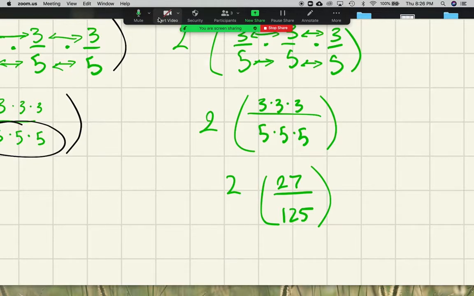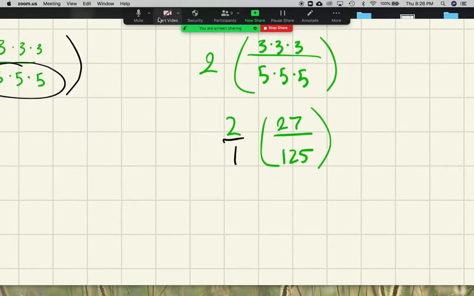If you wanted to keep going, I would put the 2 over the 1, because you can always put a whole number over 1 and then still multiply straight across the top, straight across the bottom. And so 2 times 27 would be 54, and then 125.